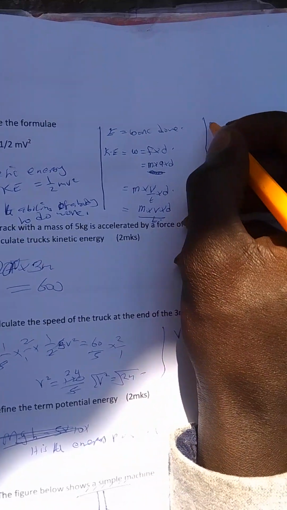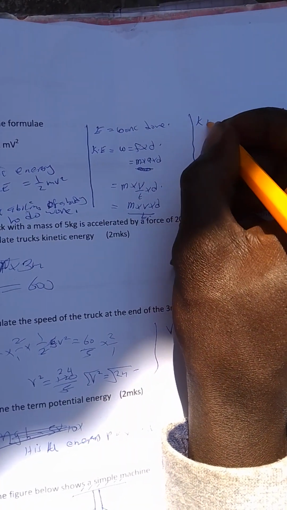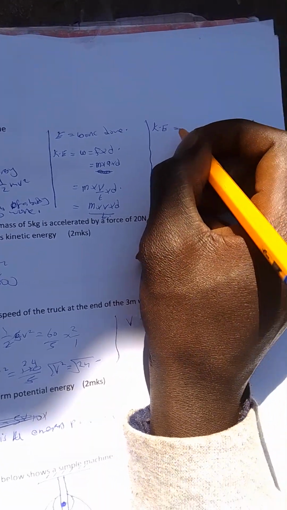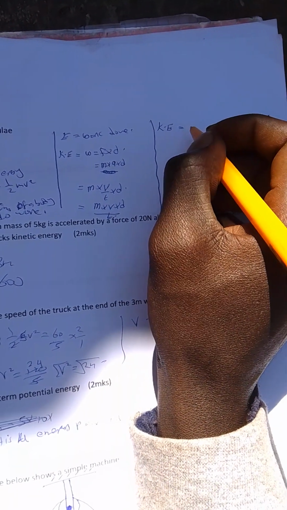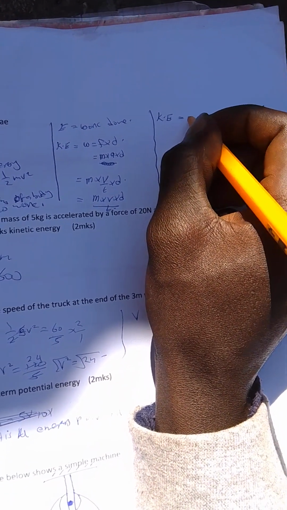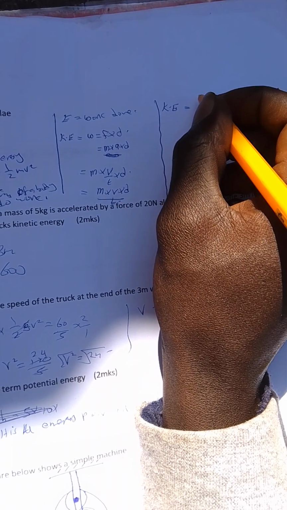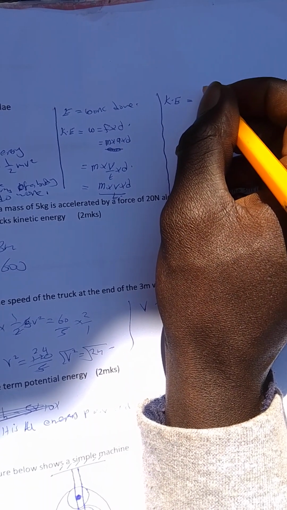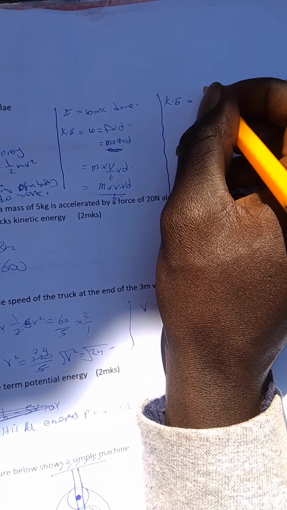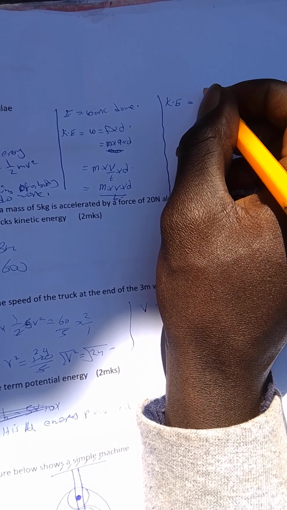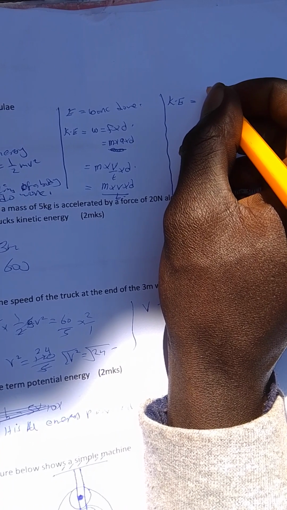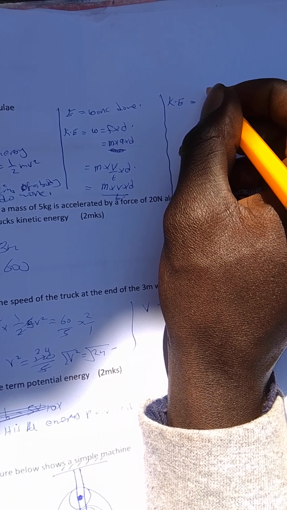So we have KE, kinetic energy, is equal to mvd, that is mass times velocity times distance it has traveled over time taken.